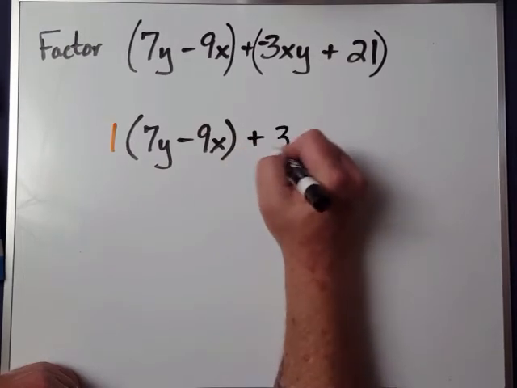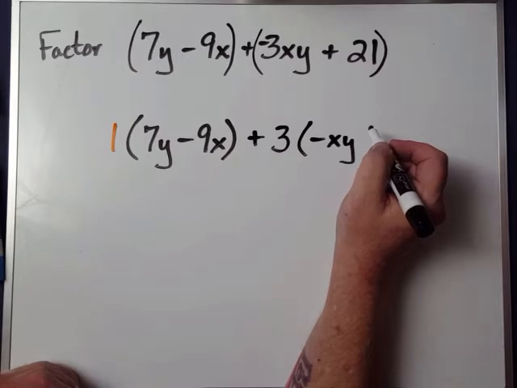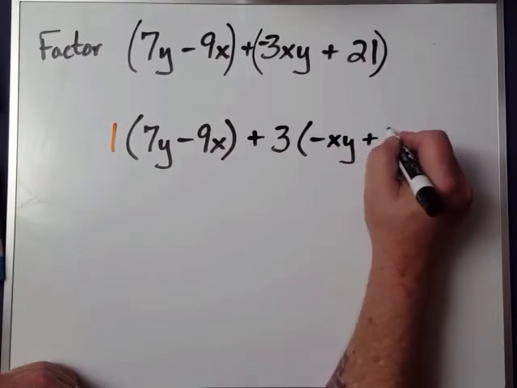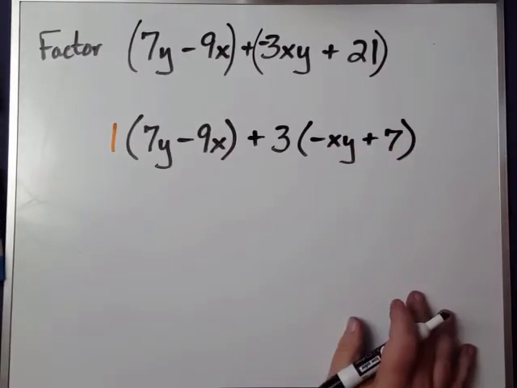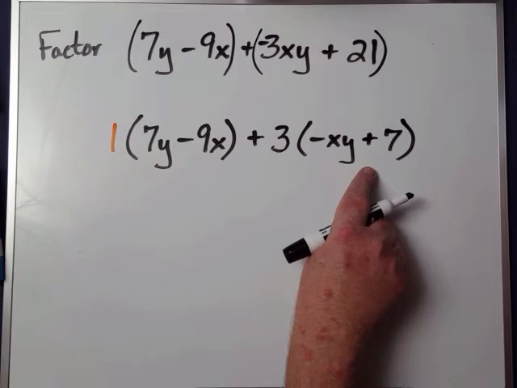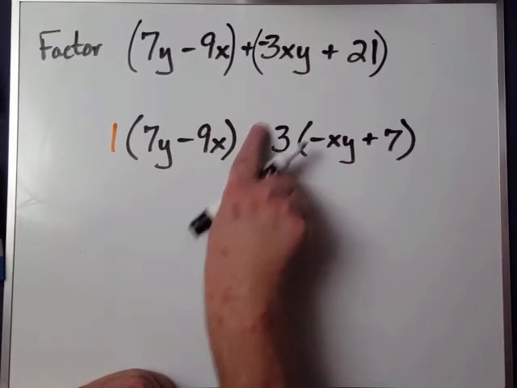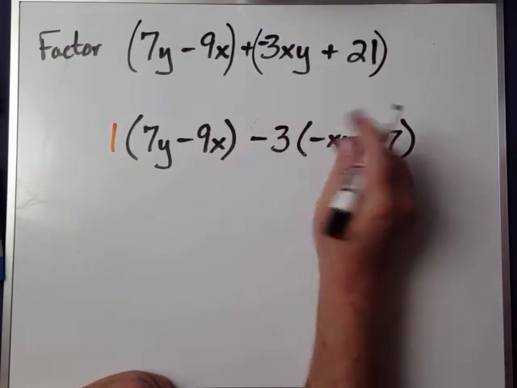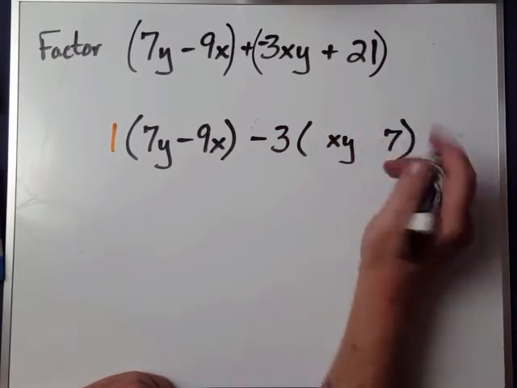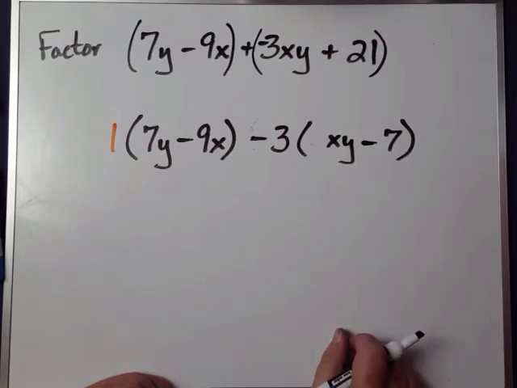So if I factor out a 3, it's going to leave minus xy and plus 7. My 2 binomials don't match. And pulling out a negative 3 is not going to help, is it? If I had pulled out a negative 3, all it would do is change these 2 signs. That still doesn't match. So what's the deal?